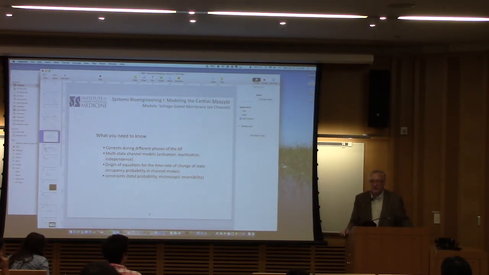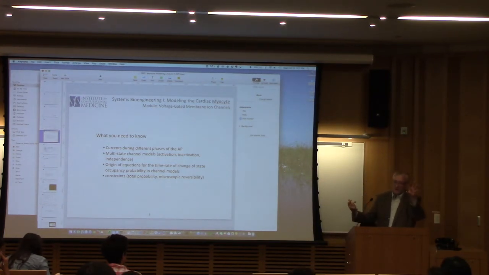I might give you a three-state model and say, write down the 3 ODEs for the time rate of change of the occupancy probabilities for states 1, 2, and 3. You know how to do it from the slide I just showed. It's essentially the law of mass action. To do it, you assume you are in a given state.